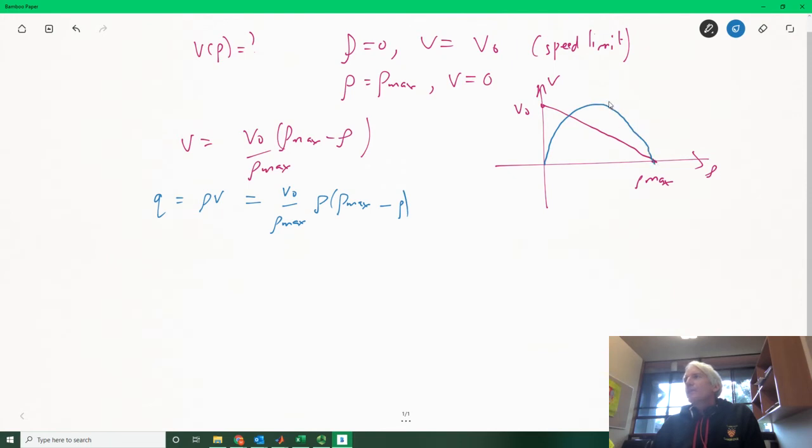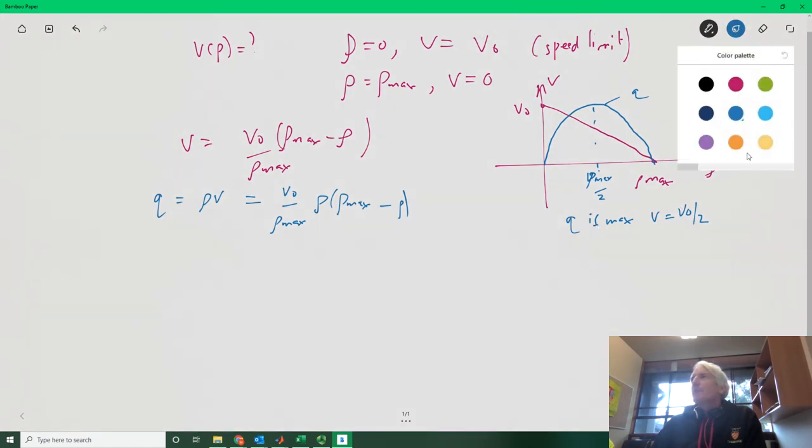That's what q looks like. And it has a maximum here at ρ max over 2. And it's interesting, so the maximum flux q is when the velocity is equal to v naught over 2. Which is interesting, so the maximum flow of traffic is when the traffic's moving at half the speed limit. And it's common on toll roads in Sydney to be moving at that speed. So good to know the toll company is making maximum profit.